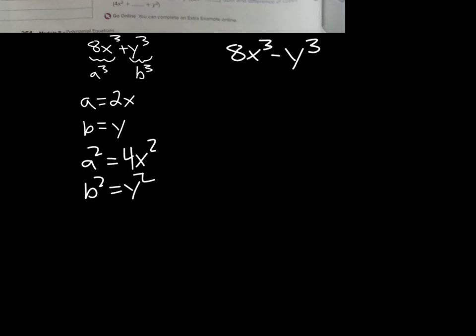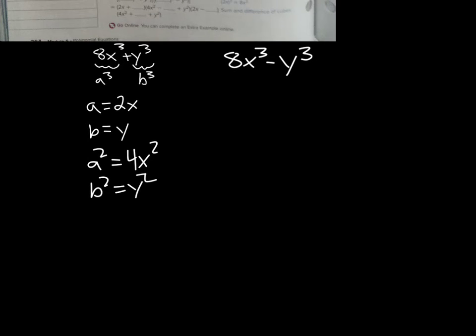Since we're doing two things at once here, all of these a's and b's are the same for both of them. The only thing that's different is going to be the signs. Again, this is where we're going to use SOAP. So this first one is going to be a and b, and of course, this one will be a and b.